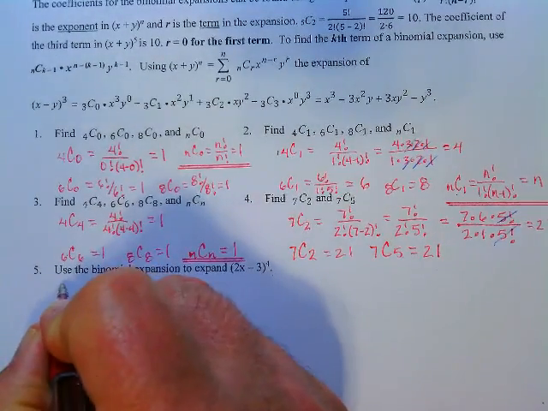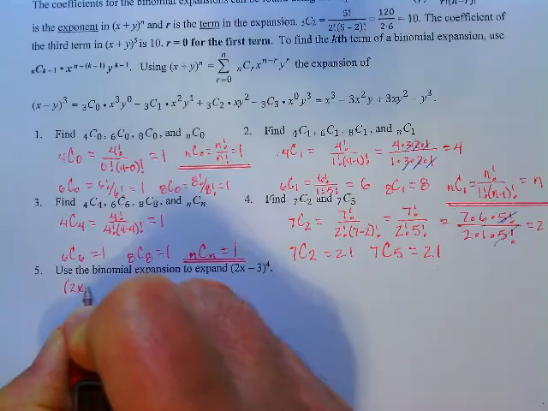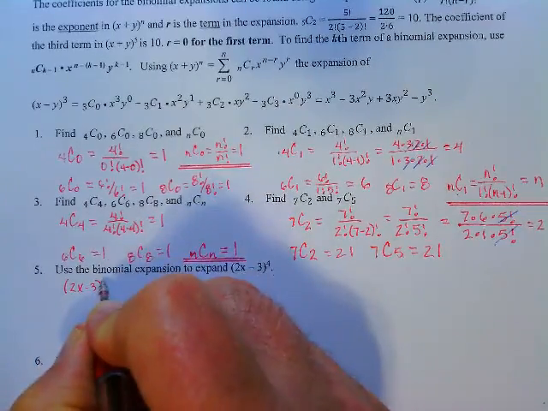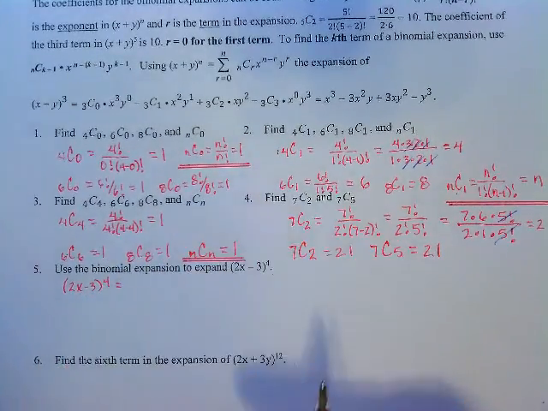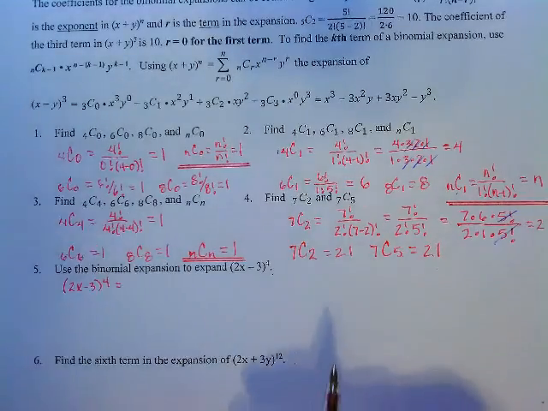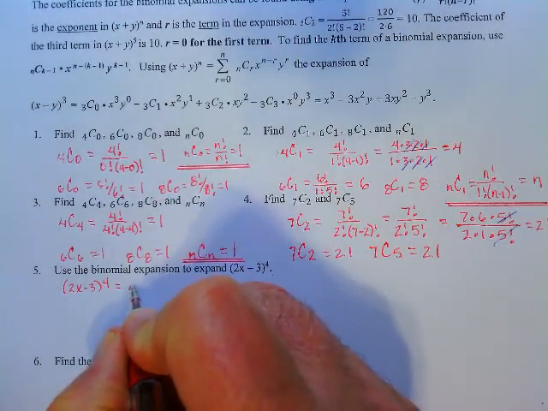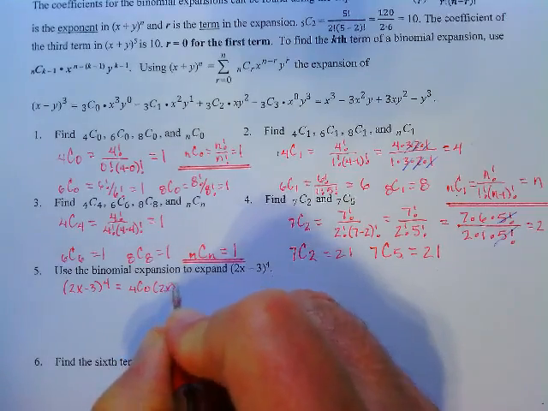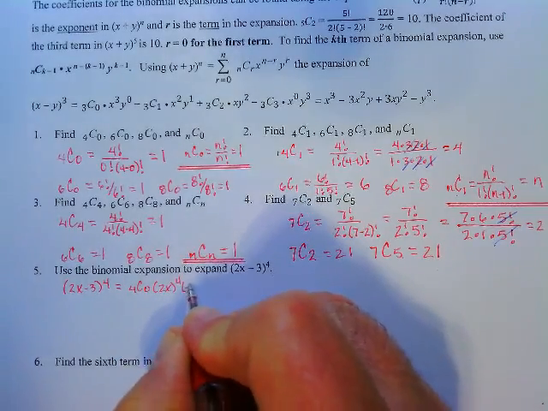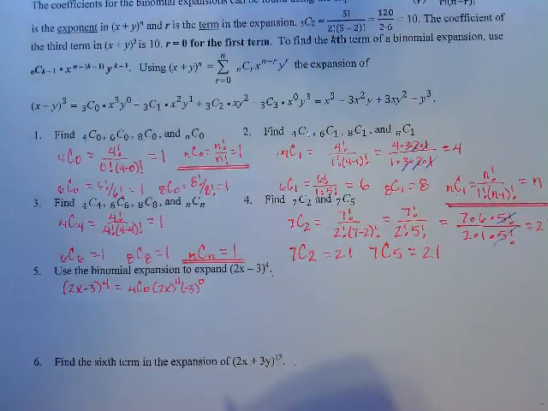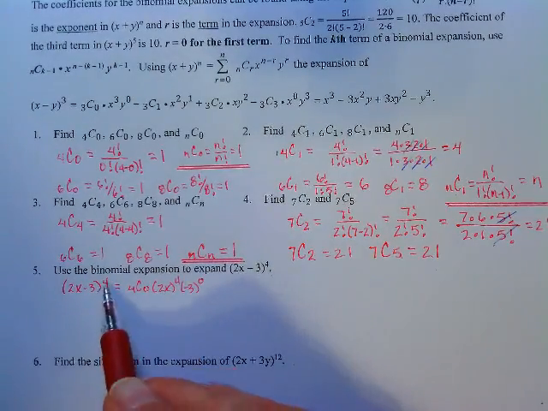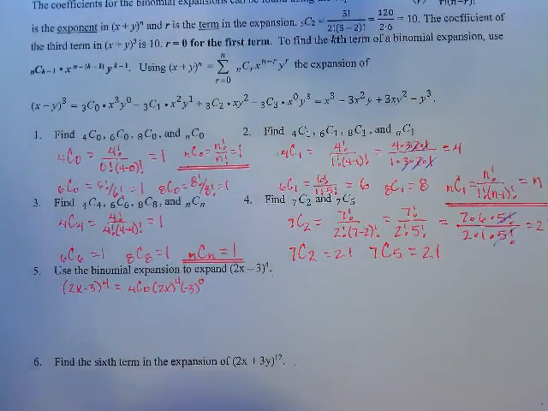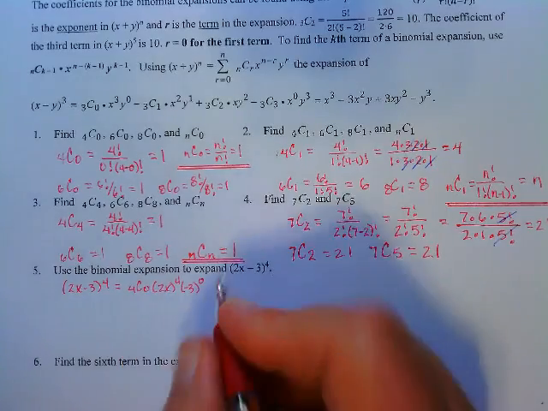So 2x subtract 3 to the 4th power, and basically all I'm going to do is follow the pattern. So it's going to be 4c0, 2x to the 4th, negative 3 to the 0. Again, this will start off with whatever n is. The other one will start off with 0, and we have 4c0.